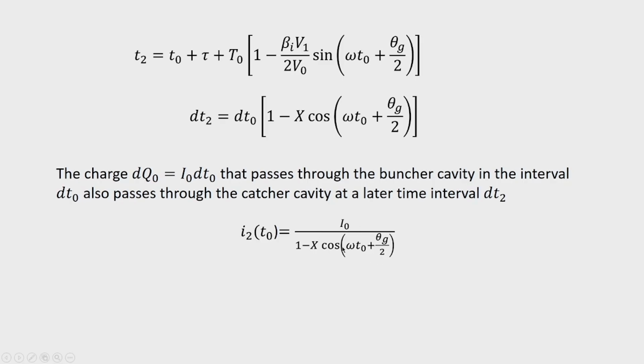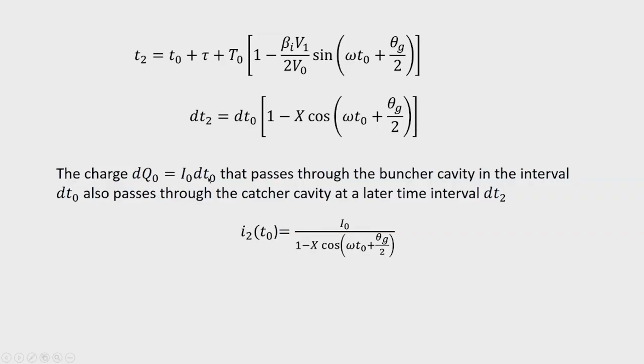So, this expression we get by equating I2 dt2 is equal to I naught dt naught, and in terms of T2 we can write I2(T2) is equal to I naught divided by 1 minus x cos omega T2 minus tau minus T naught minus theta g by 2.